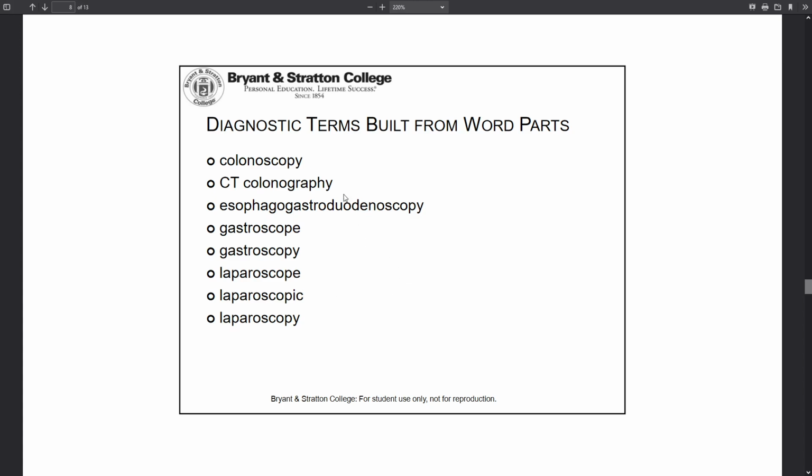And at this point, this is the first time we've seen laparo being used. Laparo literally means going through the abdominal wall. It can be used interchangeably with abdomino, the root or combining form, but it has its own rules on when you would use laparo.